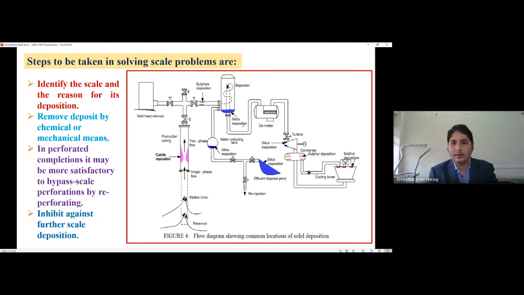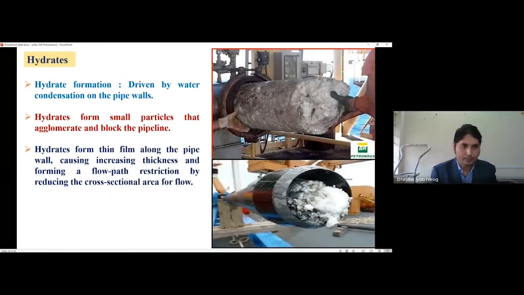As you can see here, this is a production system showing the reservoir part, well part, and the surface installations. All components have the potential to suffer from scaling deposits. Therefore, we have to find out where the scales are forming, what type of scales are present, and what will be the most suitable methods to contain those issues.